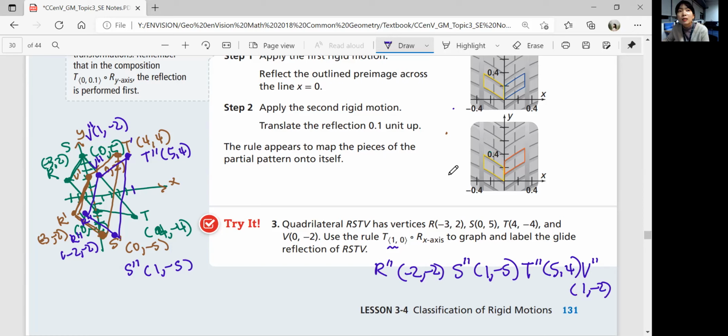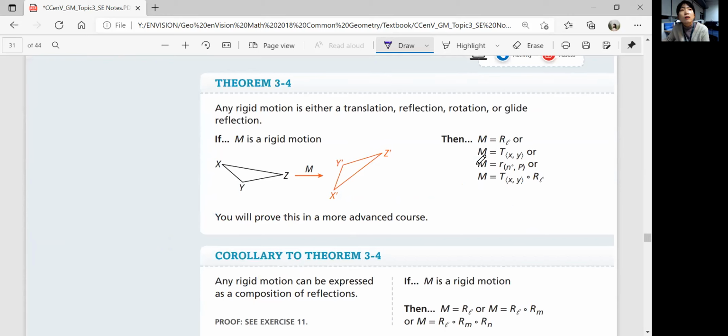Okay. All right. So your theorem 3-4 says any rigid motion is either a translation, reflection, rotation, or glide reflection. So if M is a rigid motion, then M is either reflection on line L or translation of X units left or right, Y units up or down, okay?